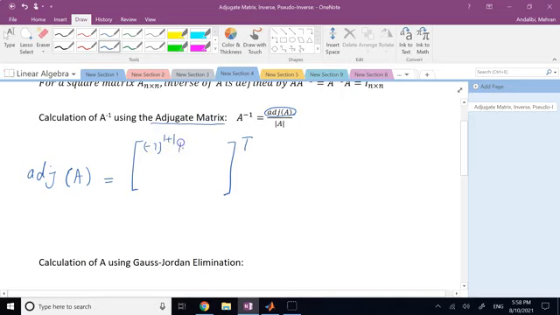That's the first element, right? Then we have the second element, that is negative 1 to the 1 plus 2, that's element 1,2, times the determinant of submatrix 1,2, and so on and so forth, all the way to negative 1 to the 1 plus n, determinant of submatrix 1n, right? So then you go like negative 1 to the 2 plus 1, determinant of M2,1, and keep going until here.